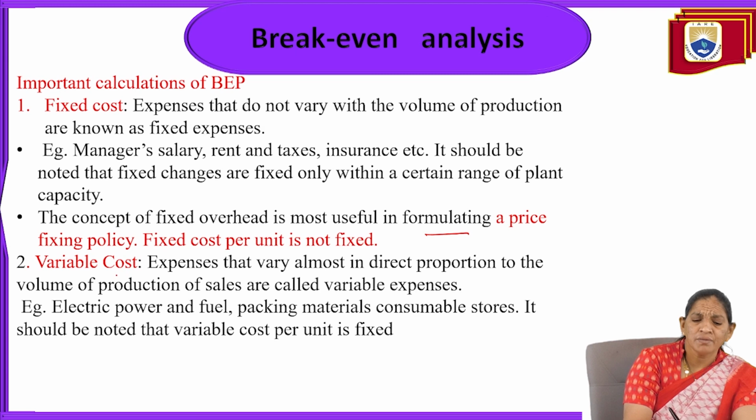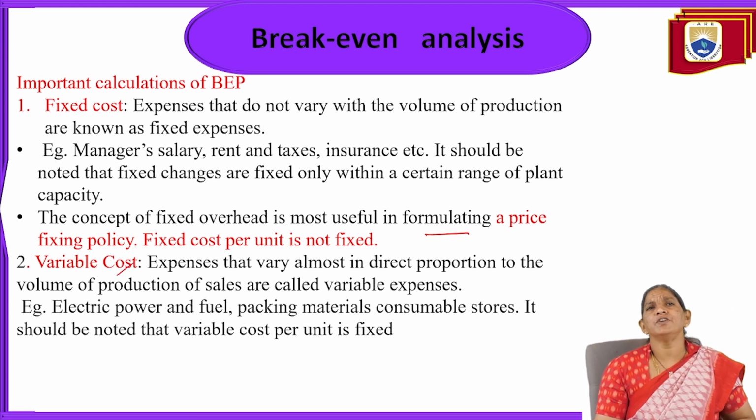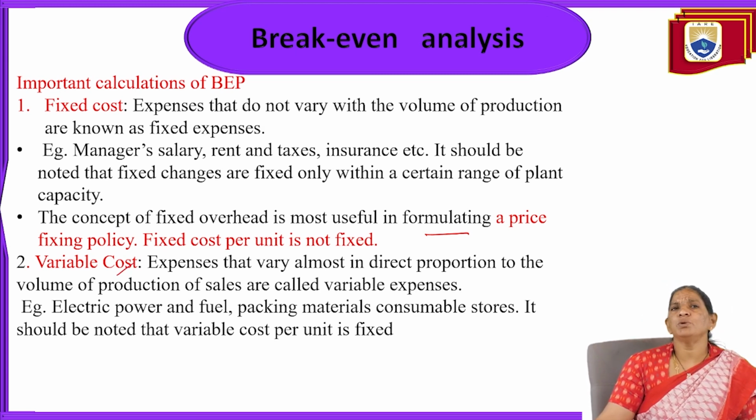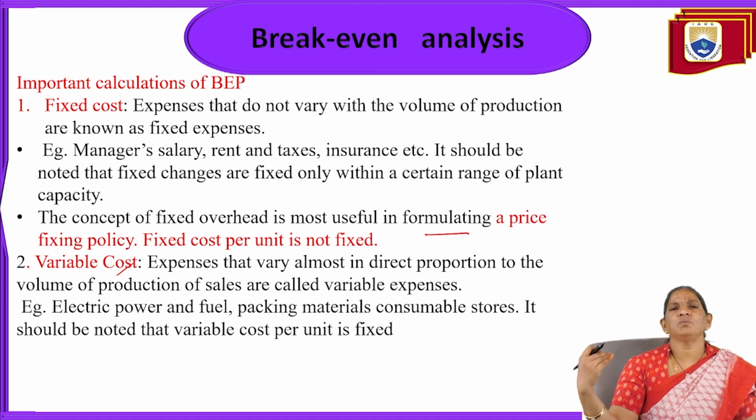And second one, we'll know what is a variable cost. So variable cost means it varies almost in direct proportion to the volume of production or sales. Means it will change when one unit increases, 1 unit cost of variable will be added. So maybe like fuel, electricity, materials, consumable stores.